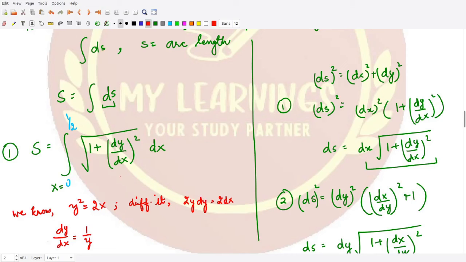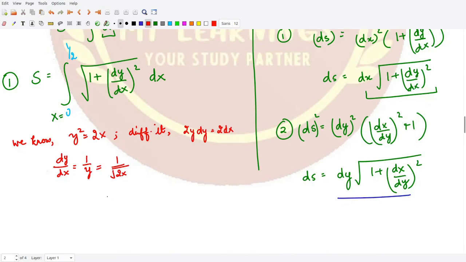So you see, when you substitute the value here, you are required to solve this integral in terms of x. So that means you have to convert this value of y in terms of x. So what is the value of y? From this equation, it is square root of 2x, right? So you have dy/dx is equal to 1 by square root 2x. Now substituting this value here, your s becomes the integration, x varying from 0 to 1 by 2, of the square root of 1 plus (1 by square root 2x) whole squared, dx.